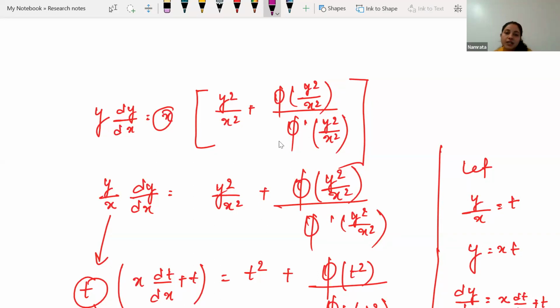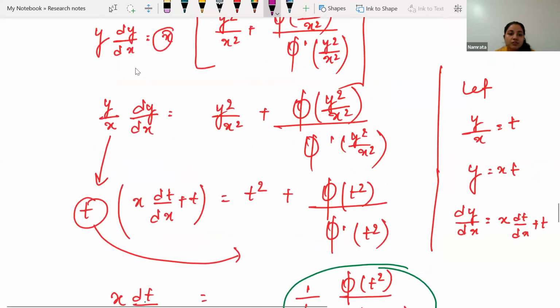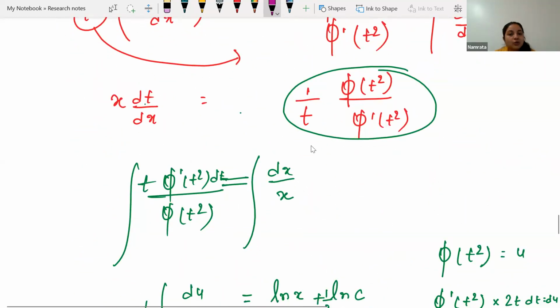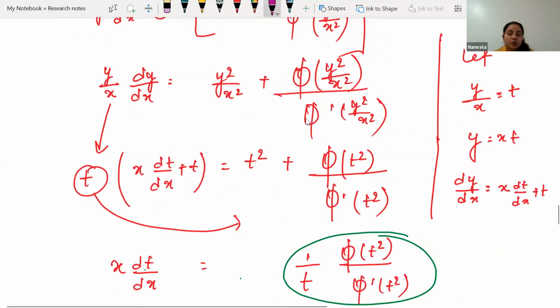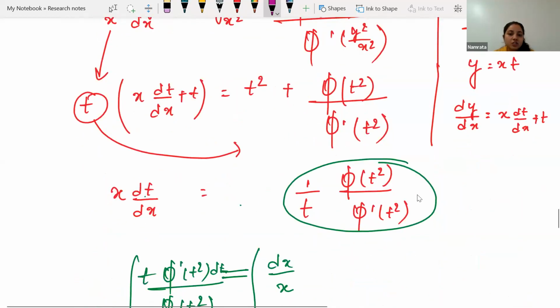So y by x we have taken as t. After that dy by dx we need to convert in the form of dt by dx. So here we have done the conversion, and this is what we got. Our differential equation which was given changed to this one. Now it is integrable. Previously doing the integration was quite difficult. Now we can easily do the integration over here.